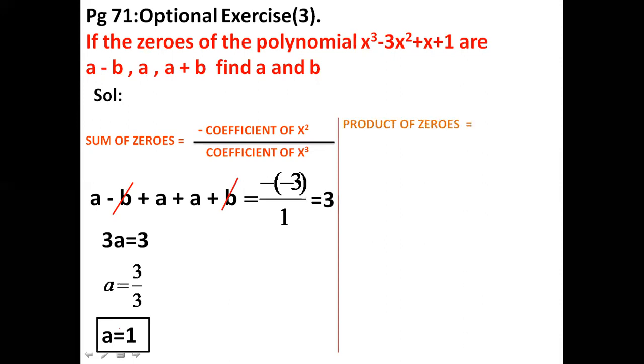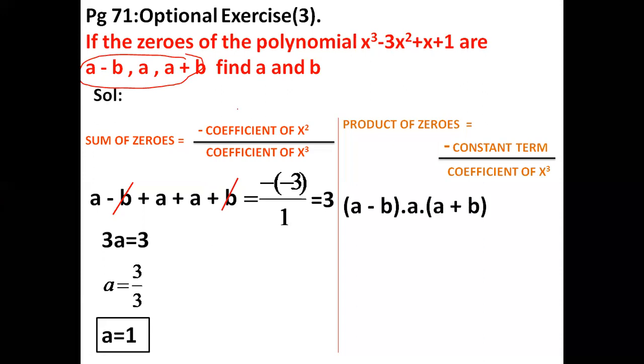We use the formula for the product of zeros. What is the formula for the product of zeros for a cubic polynomial? That is equal to minus constant term by coefficient of x cube. Here the zeros are a minus b, a, a plus b. If you multiply these three zeros, a minus b into a into a plus b is equal to minus, I'm writing minus as it is.